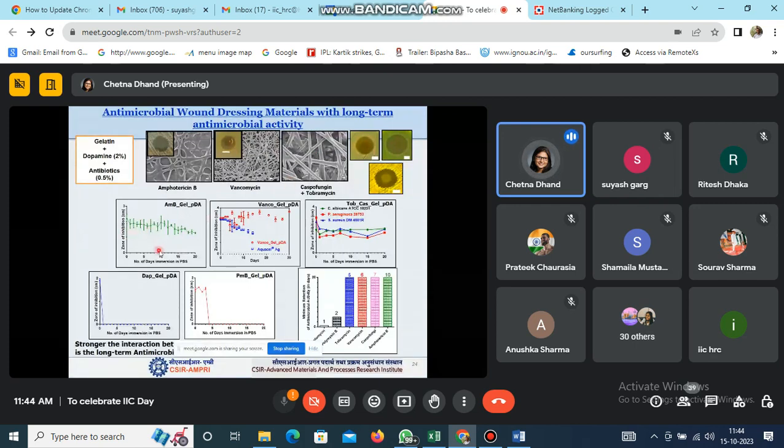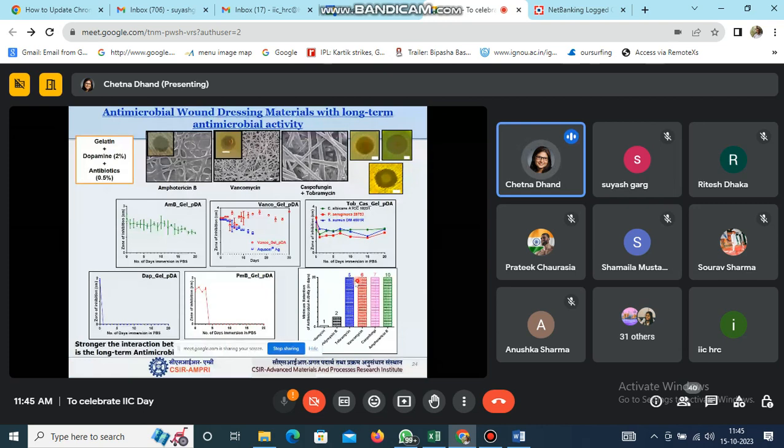So now the relation I mentioned, the number of hydroxy groups and the effectiveness of these dressings. You can see here this daptomycin, DAP, after 1 day, its antimicrobial properties are lost. For polymyxin B, which has 2 hydroxy groups, after 4 days, the antimicrobial activity is lost.